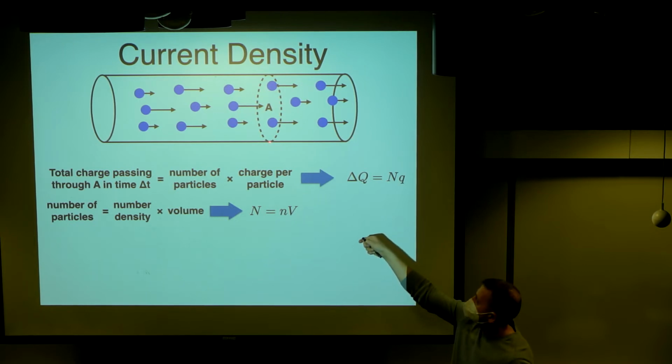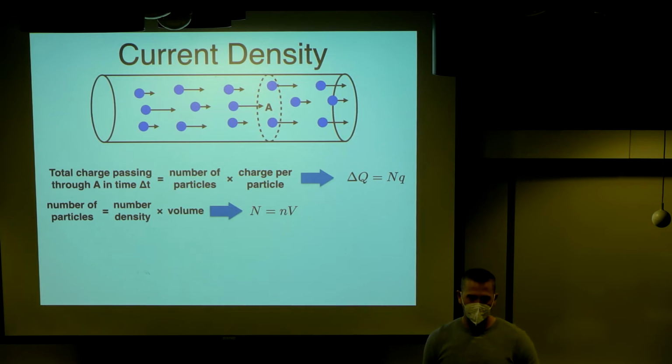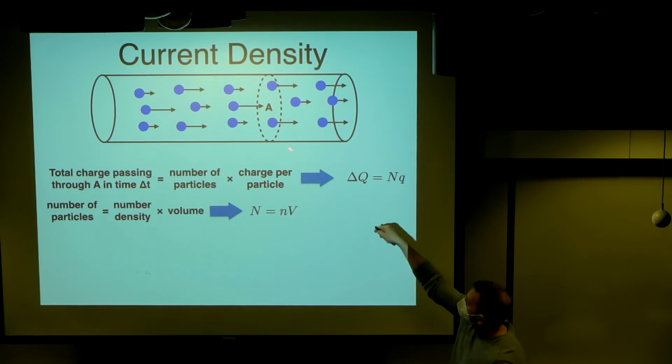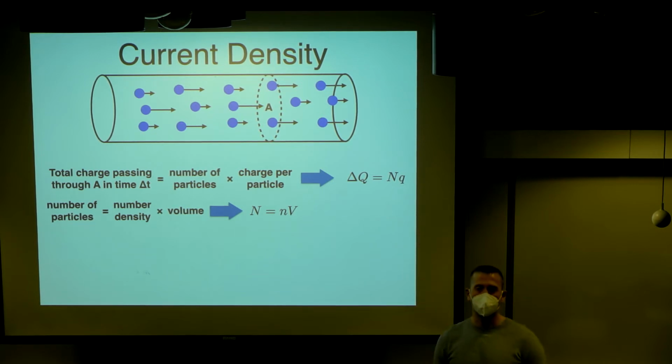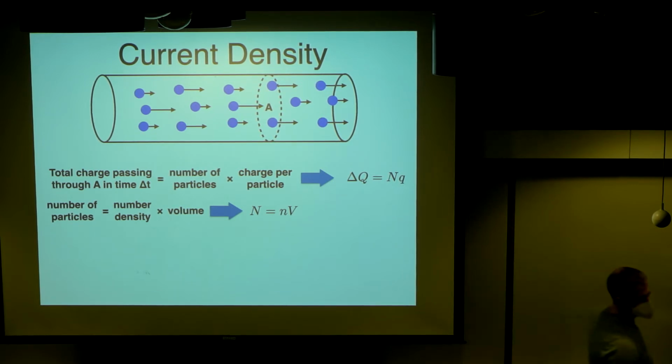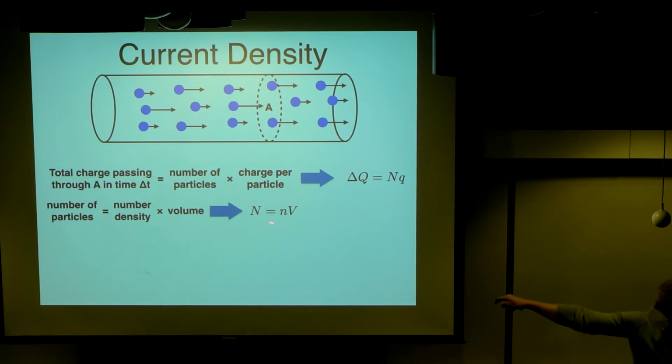In other words, it's going to have covered some distance this way, okay? So the volume that's relevant in this formula would simply be this volume right here. It'd be the area times the distance covered by those particles. And that would give me the number of particles that have passed through.